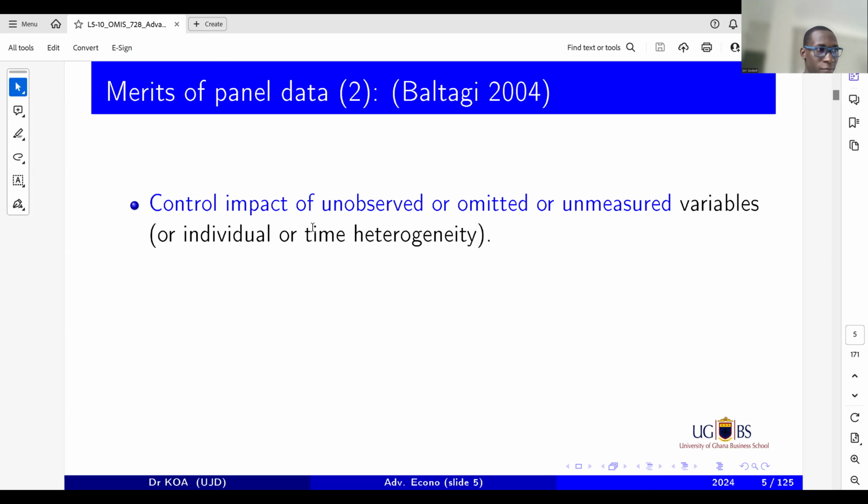That becomes an individual heterogeneity, or an unobserved factor, which is unmeasured, which can affect the behavior of the dependent variable, but you did not capture it. Now, the good thing about panel data is that it can help to control for that. You will see that in the practical example.